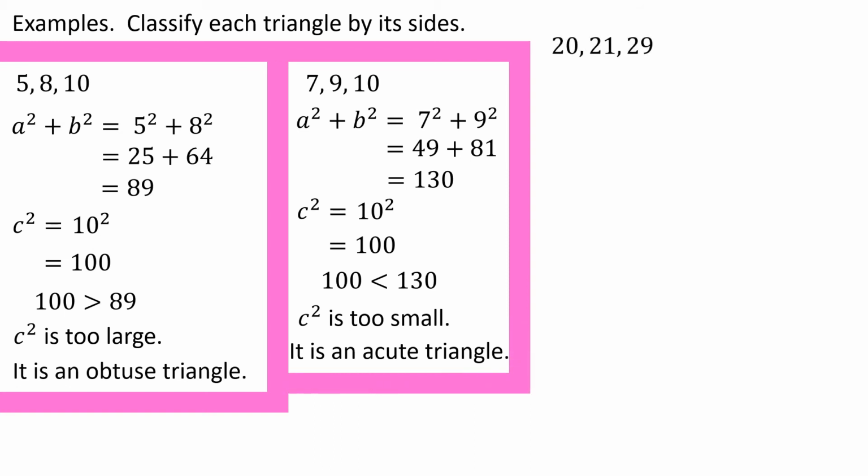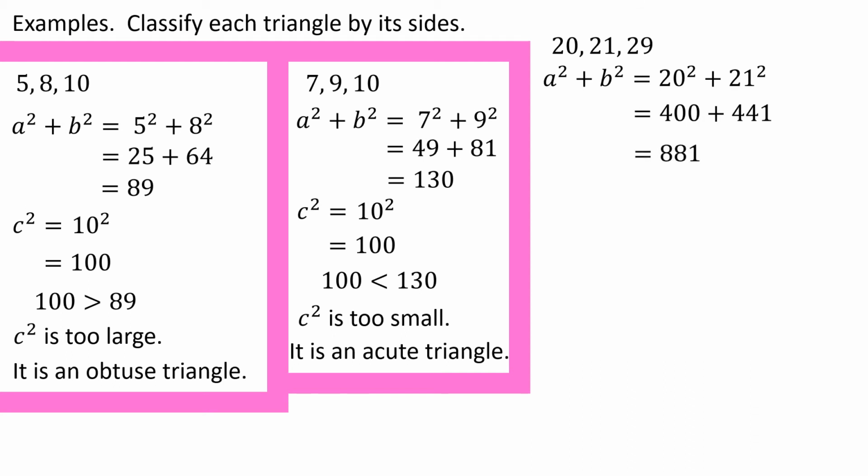Well, I wonder what this next example is going to be. We've had an obtuse triangle, an acute triangle. I wonder what this one's going to be. Well, again, let's figure out A squared plus B squared. Well, 20 times 20 is 400. 21 times 21, 441.